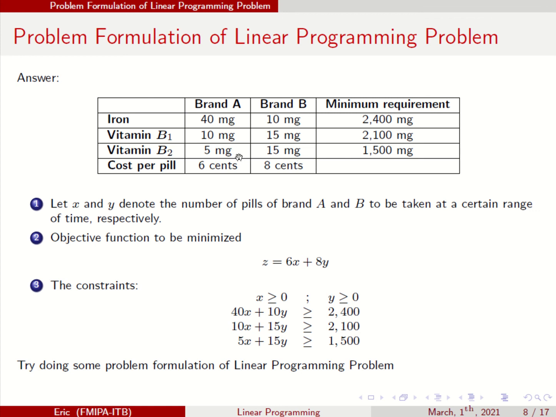Okay? And you can do the same thing for vitamin B1 and vitamin B2. So you have these 1, 2, 3, 4, 5 constraints.